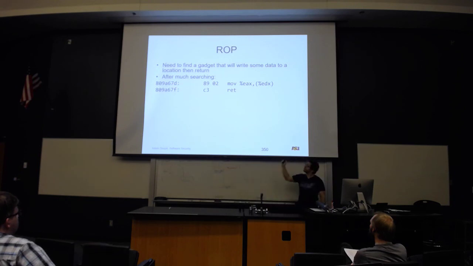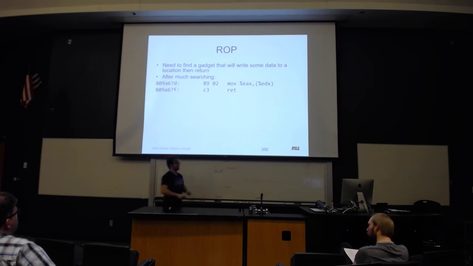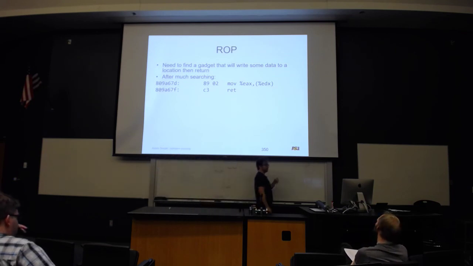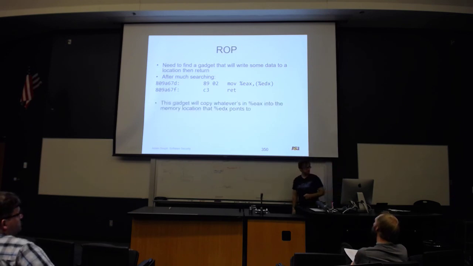Again, I apologize for this poor taste of assembly format, but that's out of my hands. And then you return. If you do exploitation enough, you very quickly memorize C3 as a ret. So this gadget gives you the ability to write 4 bytes anywhere you want in memory as long as you control EDX and EAX. All right?